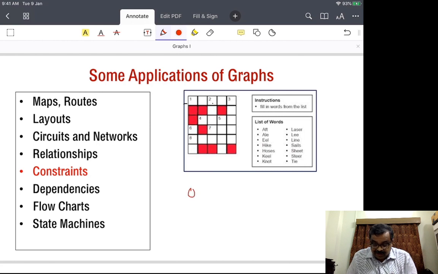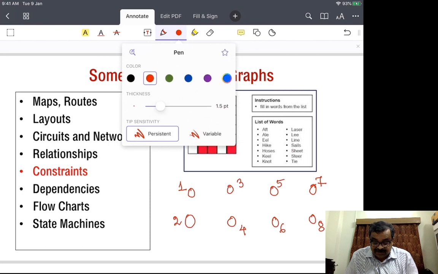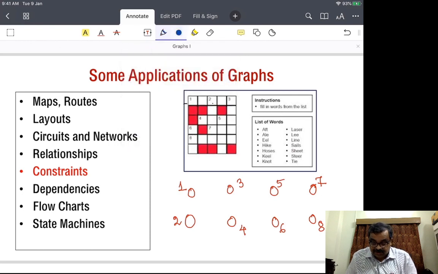We will draw 8 nodes: 1, 2, 3, 4, 5, 6, 7, and 8. And then we will draw the constraints between the nodes as follows.